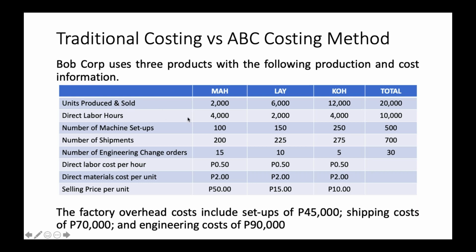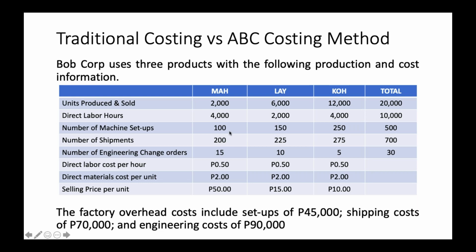We have units produced and sold. For Ma is 2,000, Lai is 6,000, Ko is 12,000, or a total of 20,000 units. For direct labor hours, we have 4,000 hours for Ma, 2,000 for Lai, 4,000 for Ko, for a total of 10,000 labor hours.